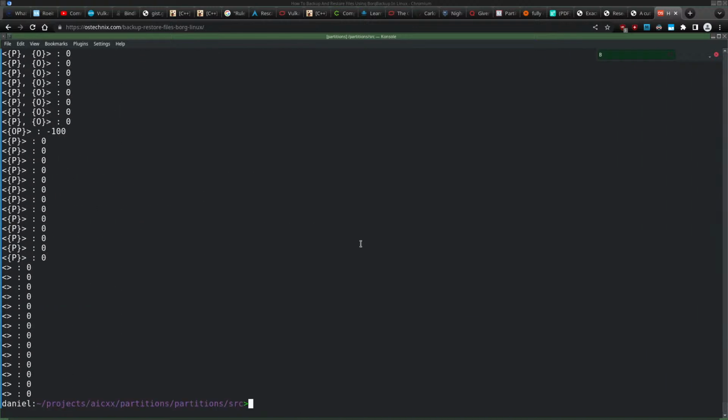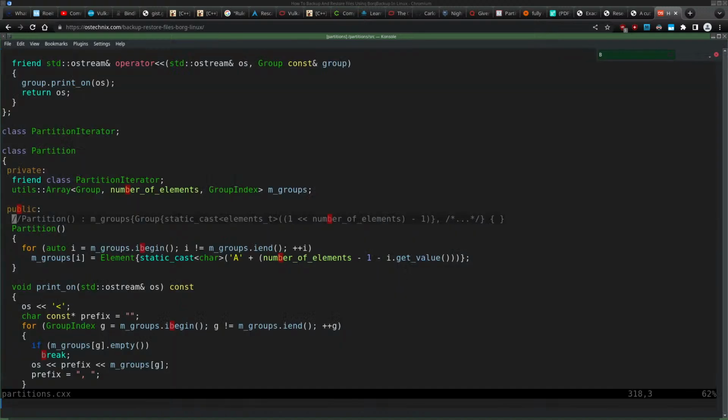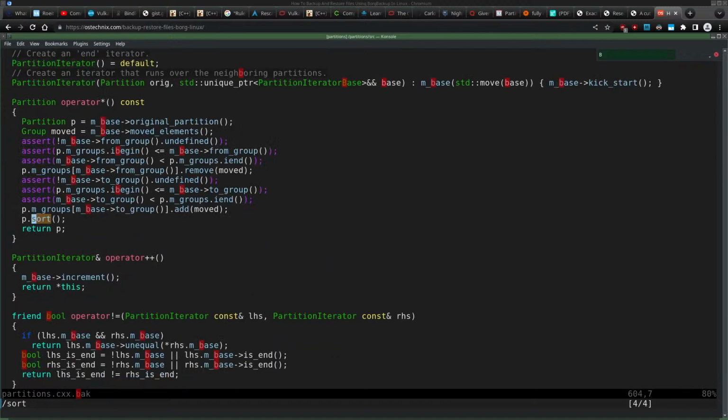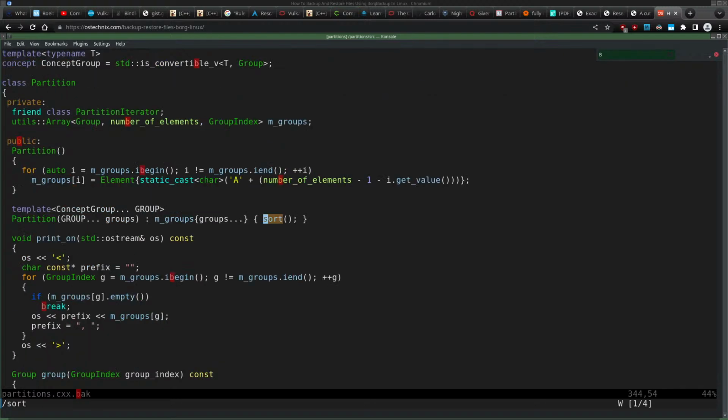Let me add a sort back as well. The sort is done directly after construction, but more importantly in operator star.